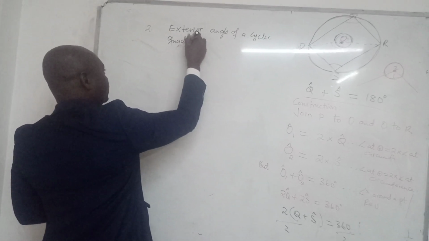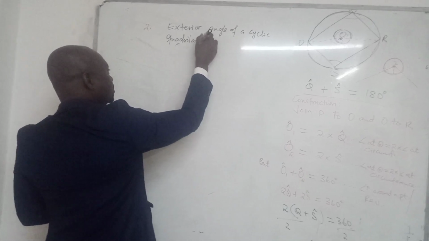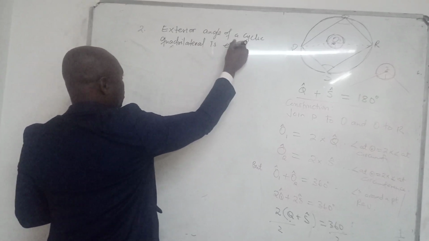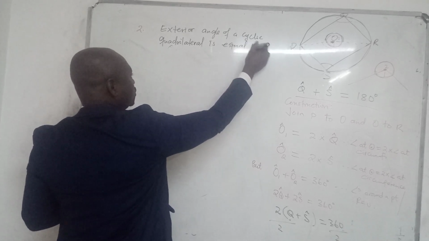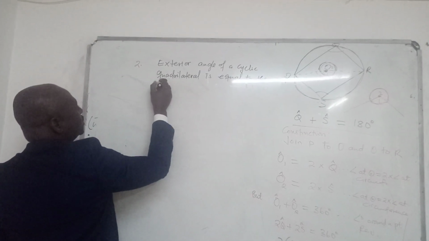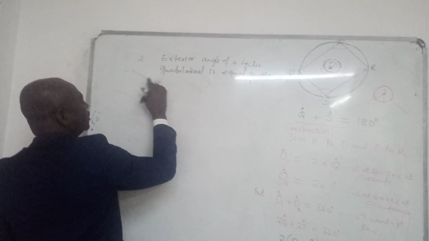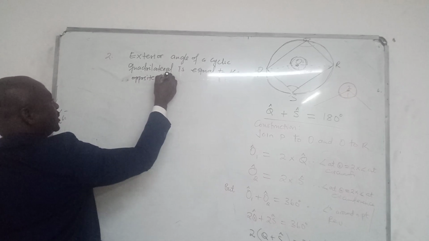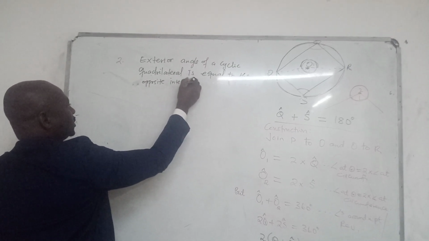I'm giving you the full statement because they can ask you to continue. The exterior angle of a cyclic quadrilateral is equal to the opposite interior angle of the quadrilateral.